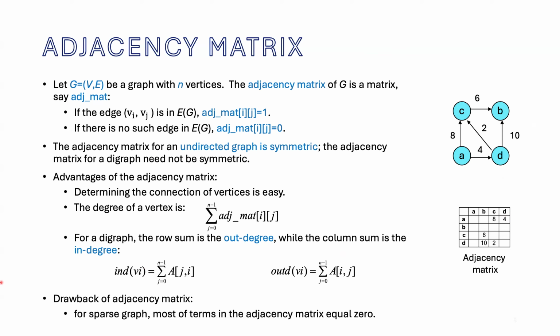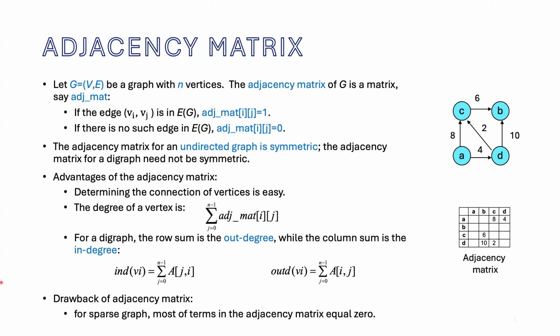And the adjacency matrix depends on the ordering of vertices, so there are as many as n factorial such matrices, where n is the number of vertices. So this adjacency matrix is not unique.